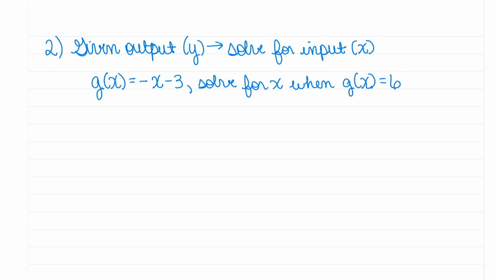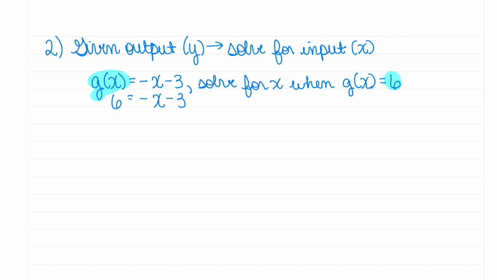Well, since we have g of x and the value for g of x, what that means is that we can replace g of x, the whole thing, with 6. So once again, since g of x equals 6, we're going to substitute 6 here. So this problem becomes 6 equals negative x minus 3.